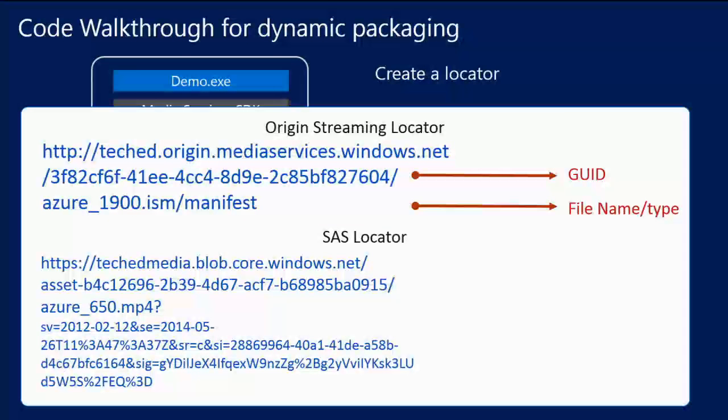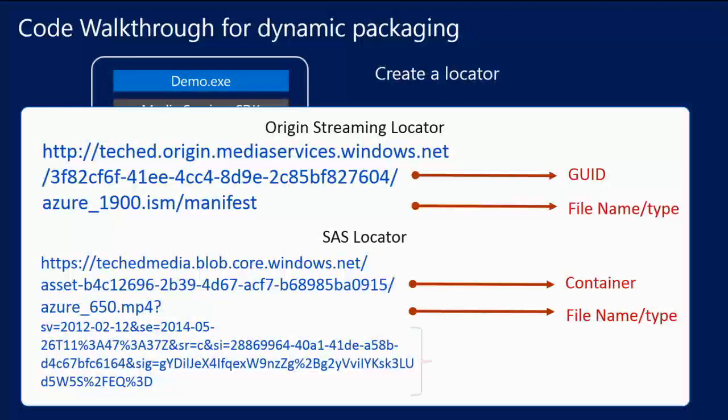It's the same as the way you access any file in blob storage: you will have the container name, the file name, as well as the shared access signature. That basically defines how long you want the file to be available and what your credential, the token, is to access that blob storage. So remember, origin streaming locators are for streaming assets such as HLS or smooth streaming, and SAS locators are for progressive download like MP4.